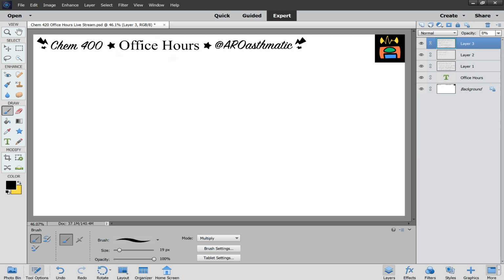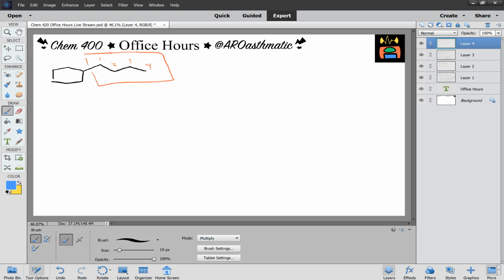So that's isopropyl. Now with butyl. If you look at this side chain, there's 1, 2, 3, 4 carbons. 4 carbons here. We still have 1, 2, 3, 4, 5, 6. So with 6 carbons, that is our main chain.